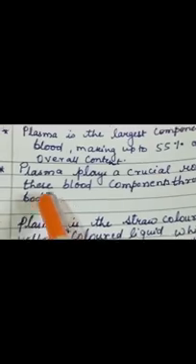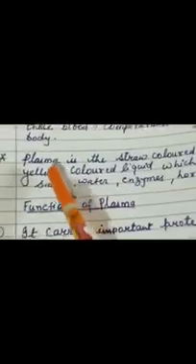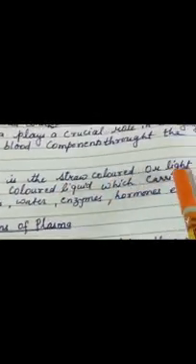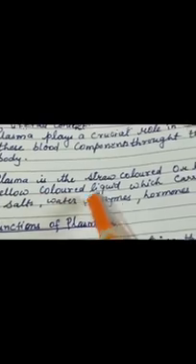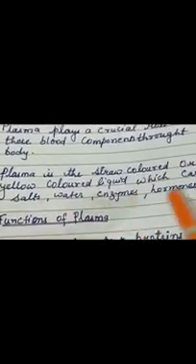Plasma plays a crucial role in carrying the blood components, the blood cells, throughout the body. Plasma is the straw colored or light yellow colored liquid which carries salts, water, enzymes and hormones.